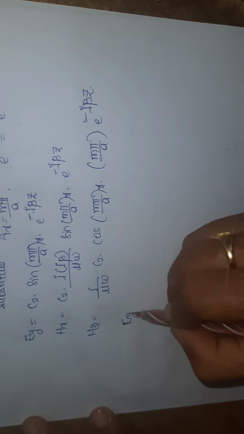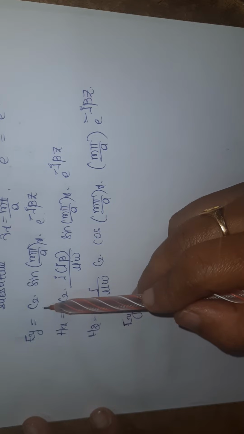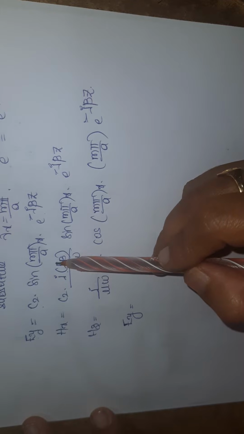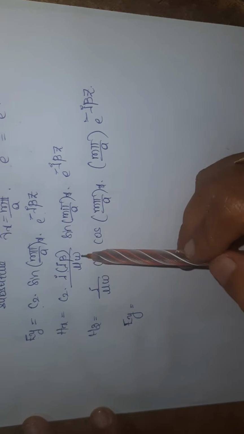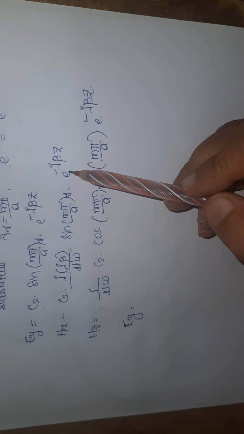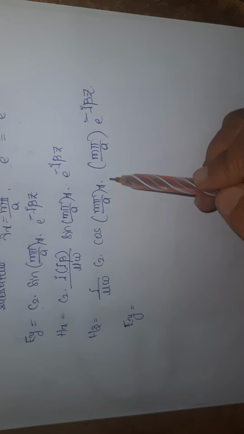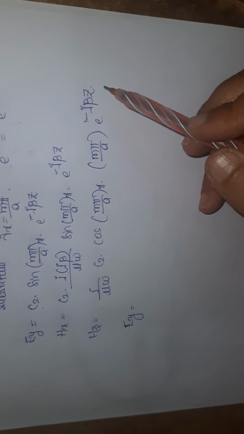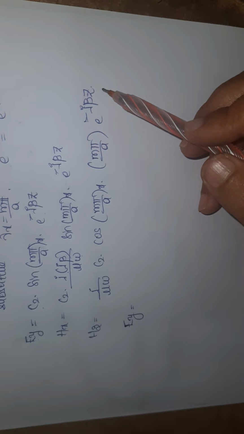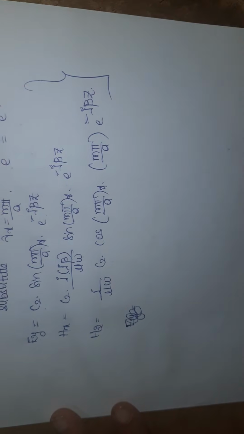See here, I am having Ey is equal to C2, with j squared as minus 1, minus beta by omega mu sin(m pi by a x) into e power minus j beta z, and here j by mu omega C2 cos(m pi by a x) into m pi by a into e power minus j beta z. So these are the final expressions.